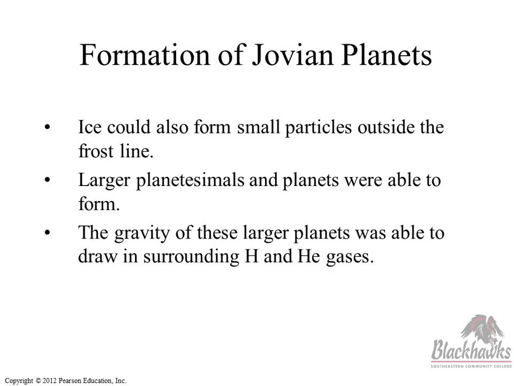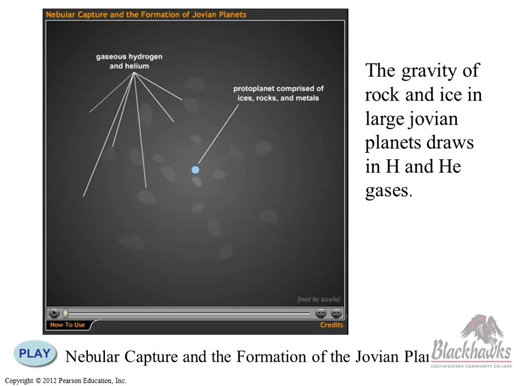And when we study Jupiter, Saturn, Uranus, Neptune, we're going to see that they have a lot of these lighter gases that didn't condense, but gravity holds them there because the planet is so massive.